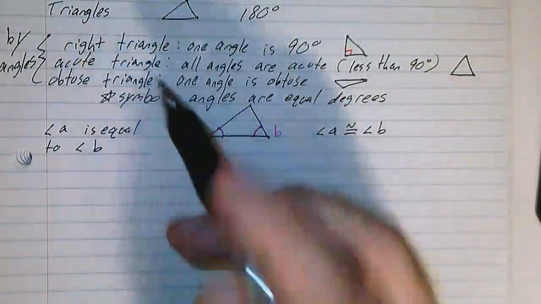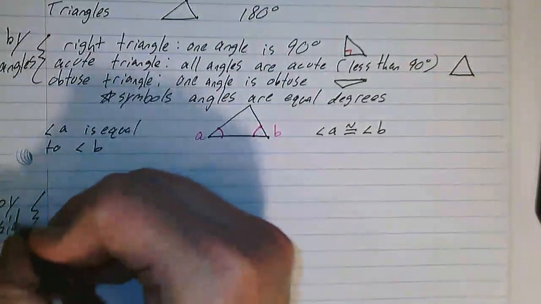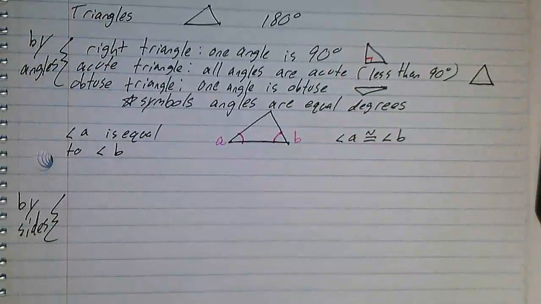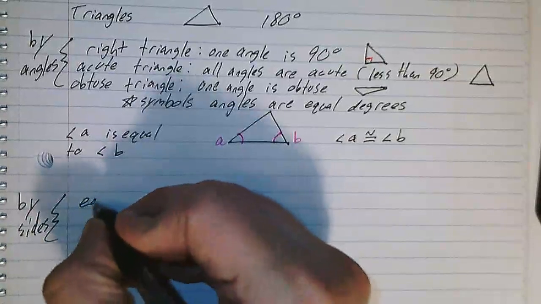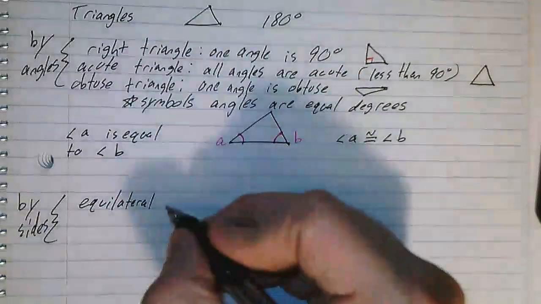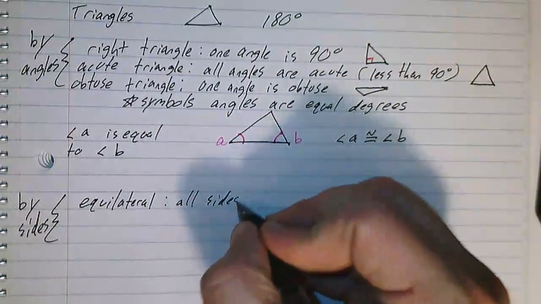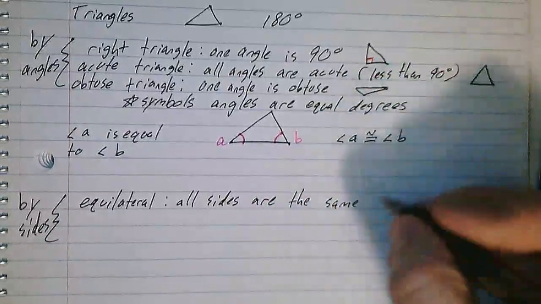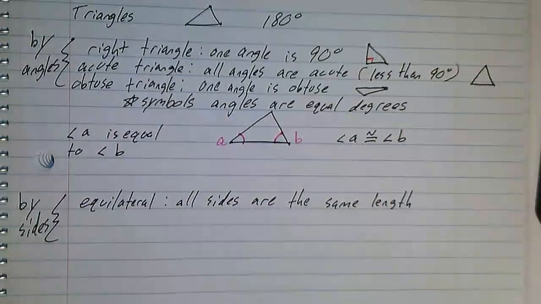We can also classify triangles by their sides. There are three kinds of triangles classified by sides. There is the equilateral triangle, in which all sides are the same length, or congruent.